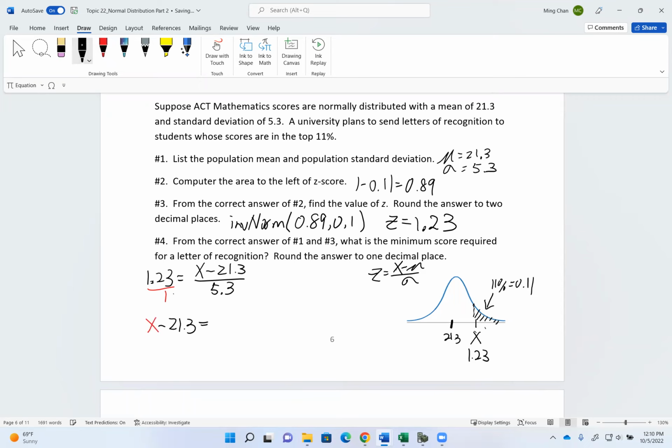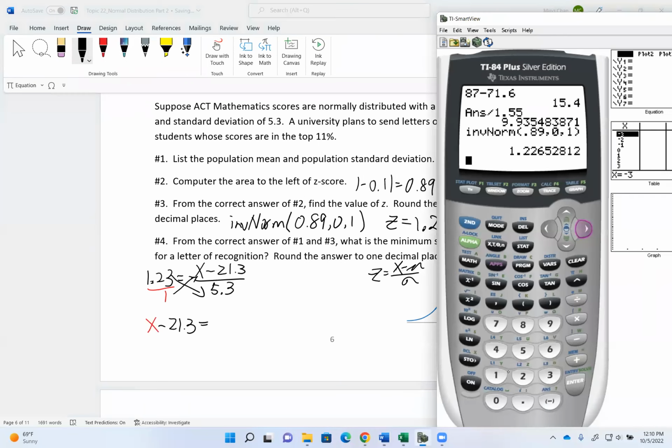Set it equal to 1.23 times 5.3. That's 6.519.